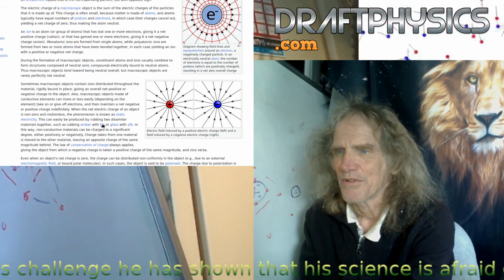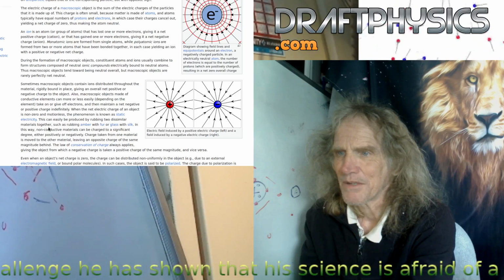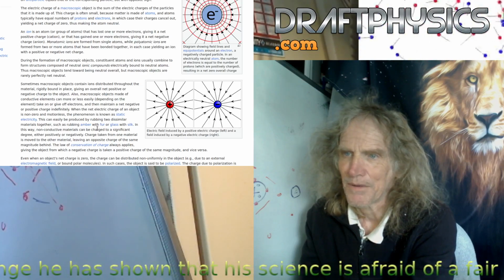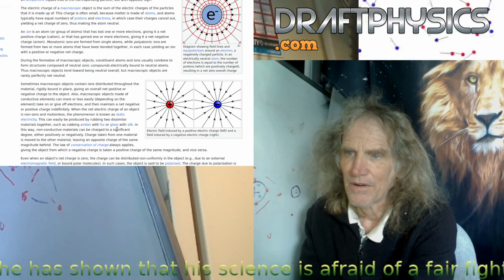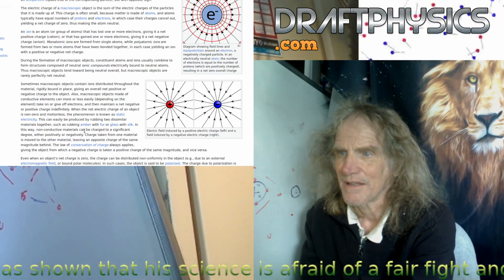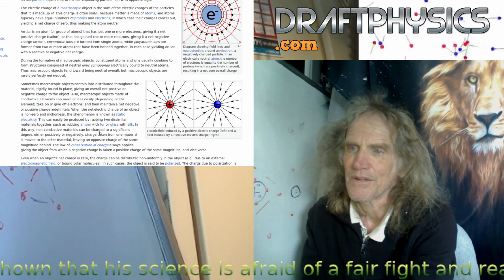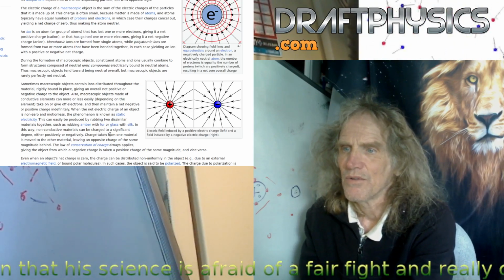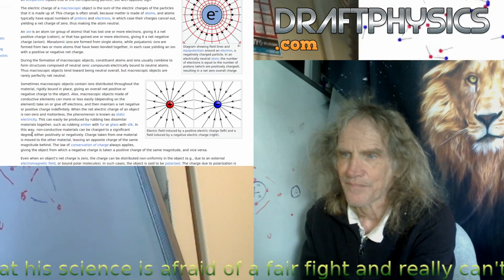This can easily be produced by rubbing two dissimilar materials together, such as rubbing amber with fur or glass with silk. In this way, non-conductive materials can be charged to a significant degree.